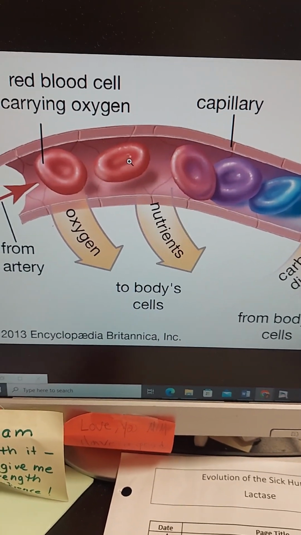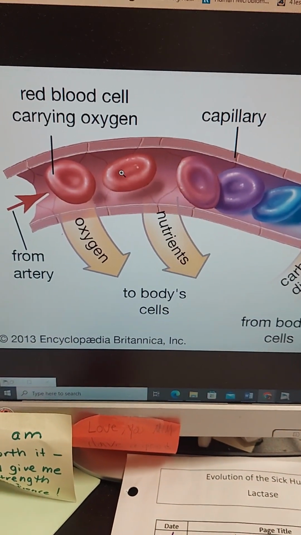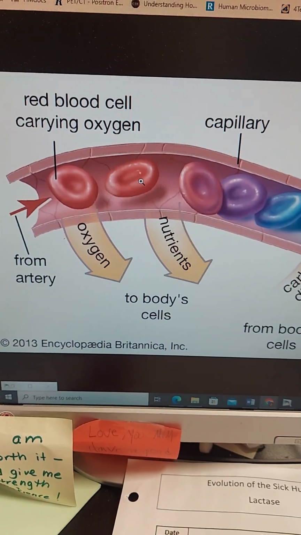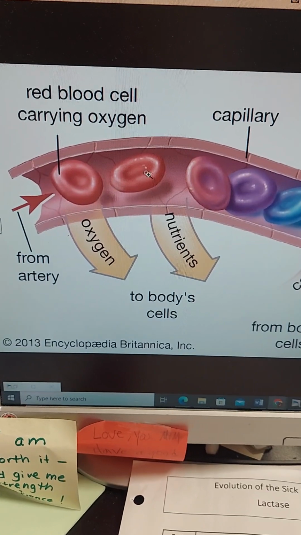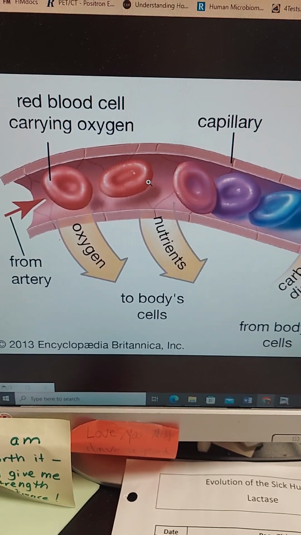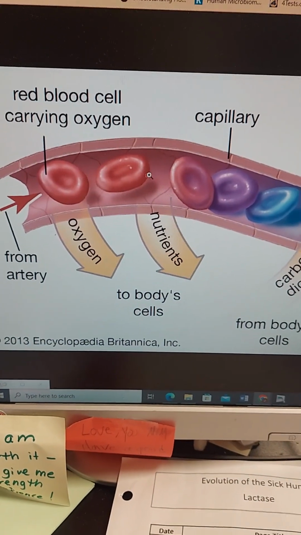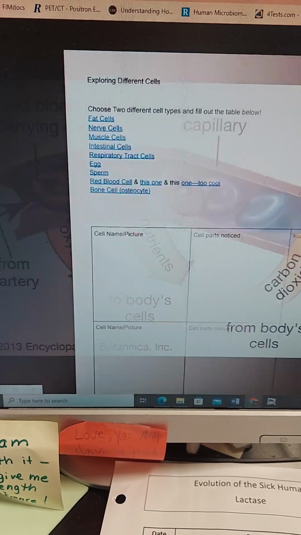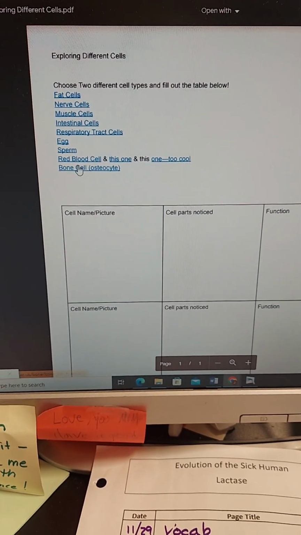They don't have much of anything, because they need to have more room for carrying oxygen. And they're super, super small, so they can fit through all these capillaries in your body. This is what actually forms your blood. Isn't that cool? So it's more like what parts don't they have instead of what they do have.